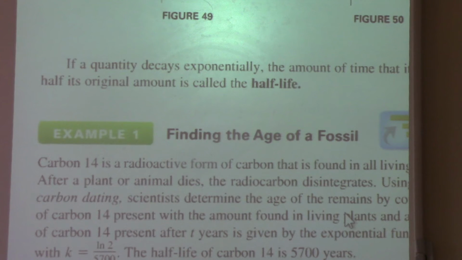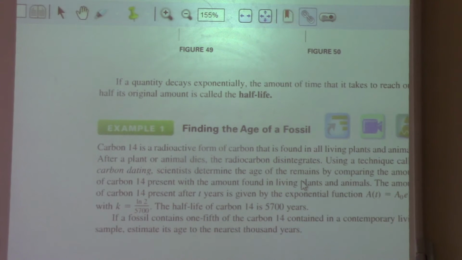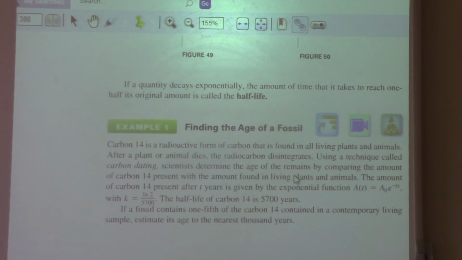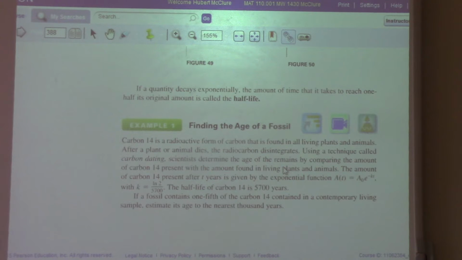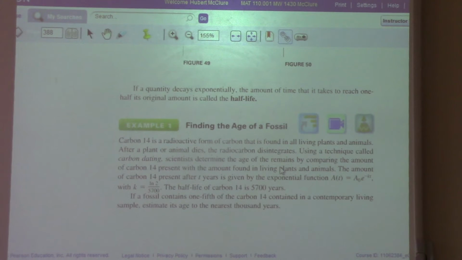Just take a note: carbon-14 is a radioactive form, meaning it has a half-life, that is found in all living plants and animals. Using a technique called carbon dating, scientists determine the age of remains by comparing the amount of carbon-14 present with the amount found in living plants and animals.